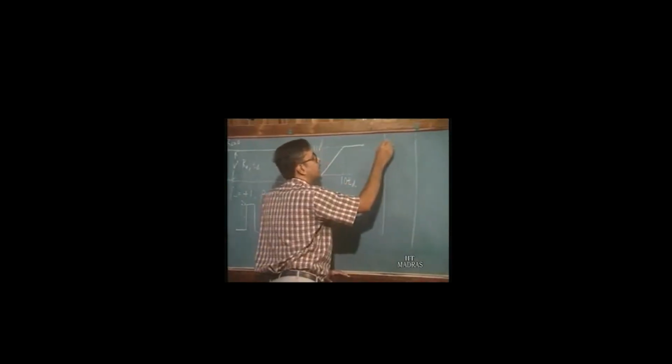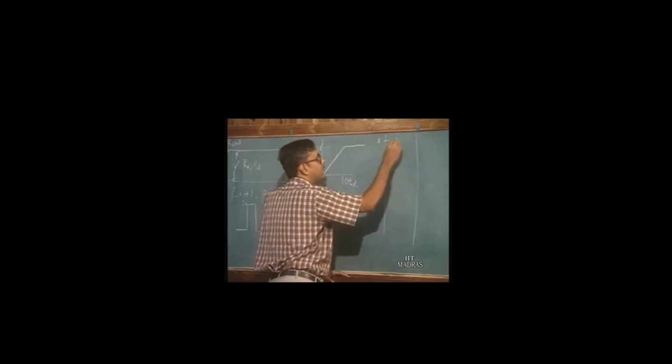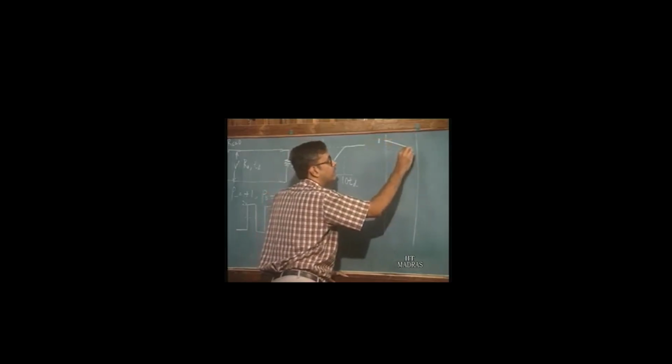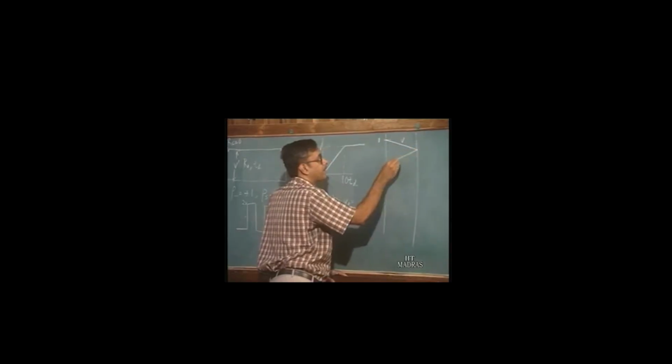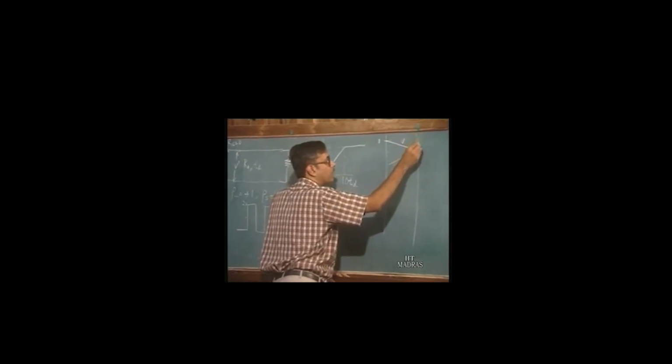If this is 0, and you have a voltage V here, rho L is plus 1, so you will have V.